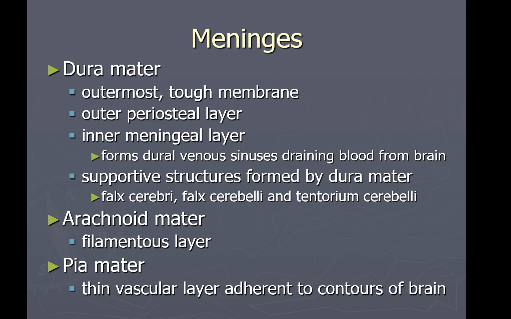The falx cerebri divides the two halves of the cerebrum. The falx cerebelli divides the cerebellum into left and right halves. And then tentorium cerebelli divides the cerebellum from the cerebrum, which you may not know what those areas are, but I'll show you on this picture that's coming up.